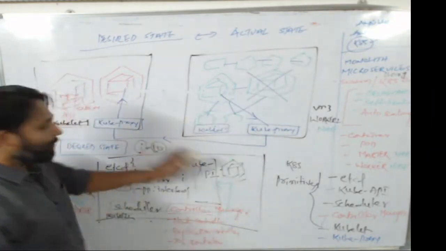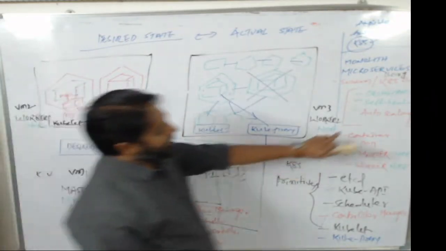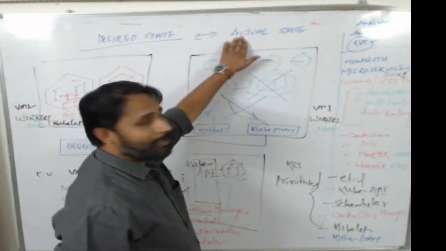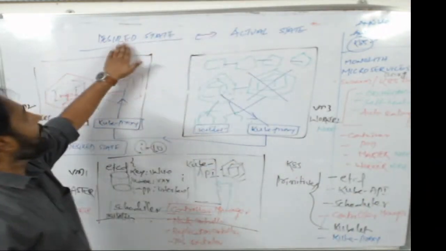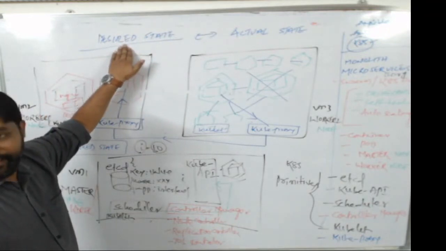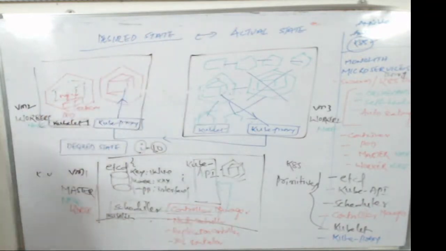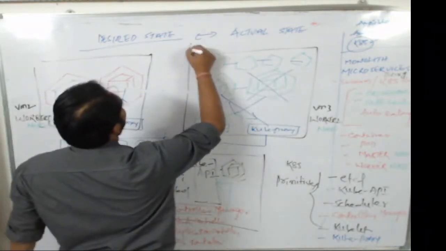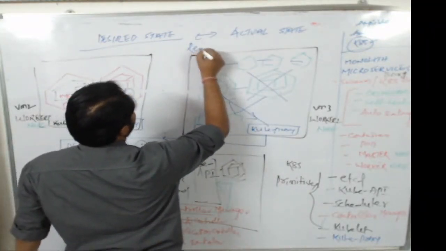Now the job of the Kubernetes cluster, because it can auto-heal itself, is to make sure your actual state is always reaching the desired state. Now that process of recreating or trying to reach this state is called reconciliation.